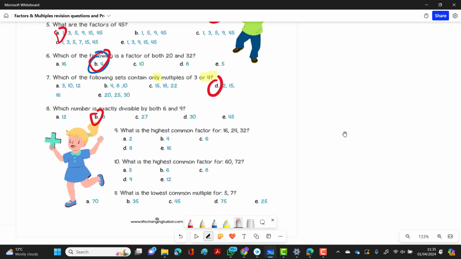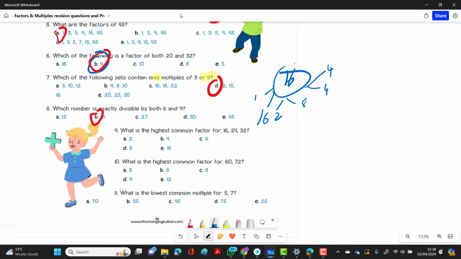What's the highest common factor of 16, 24, and 32? So let's write 16 there. Factors of 16: 1 and 16, 2 and 8, 4.